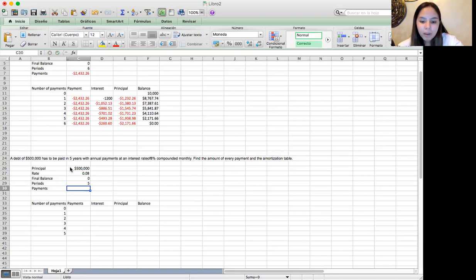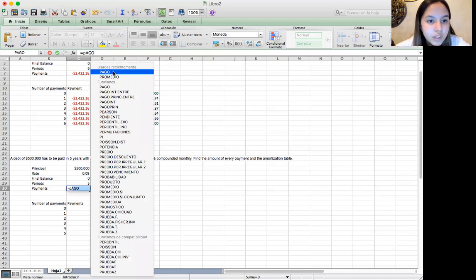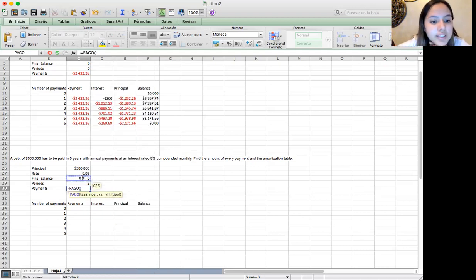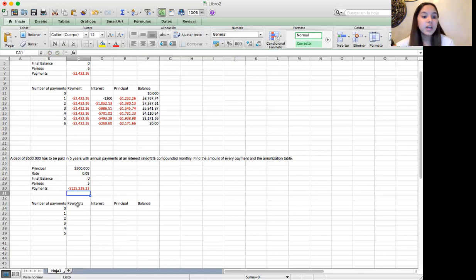And finally, the payment with the formula of payment, that is rate, comma, periods, comma, principal, comma, and finally the final balance. So this is our payment in every period, so we will copy this in every period.